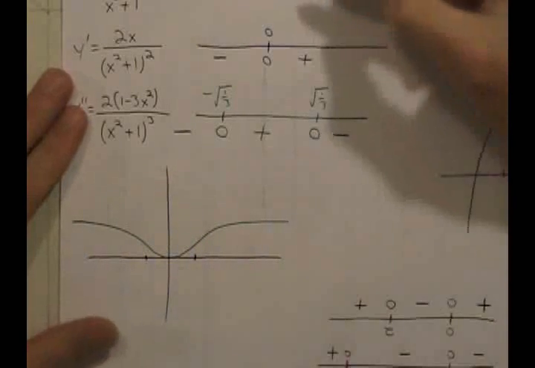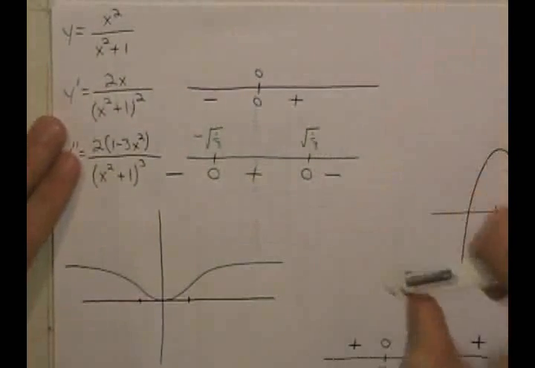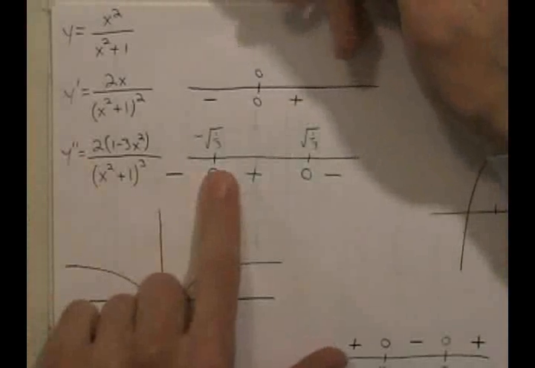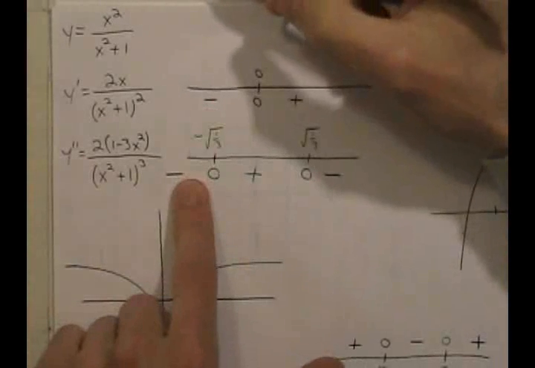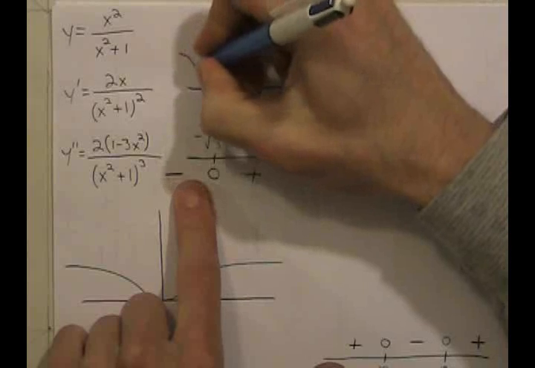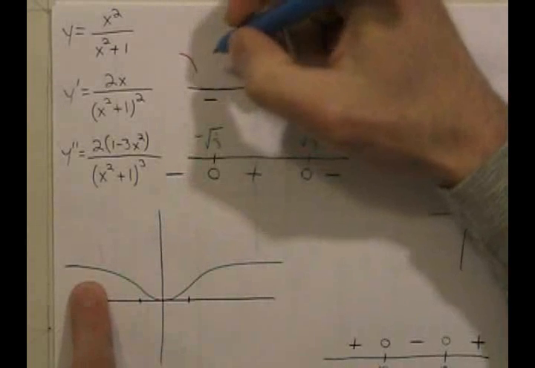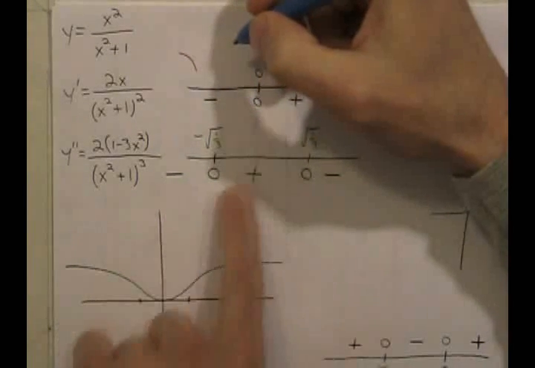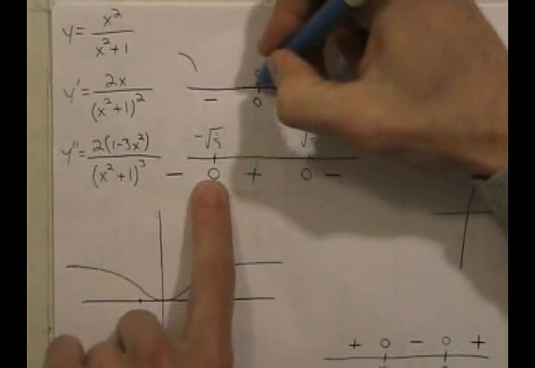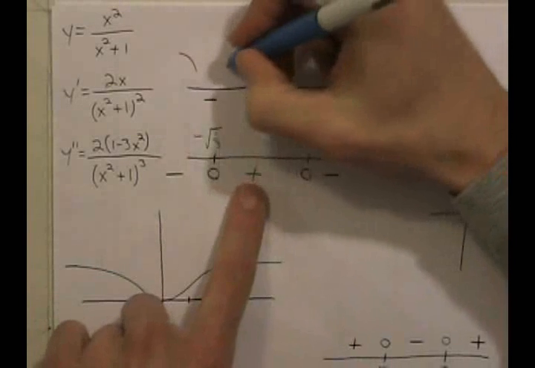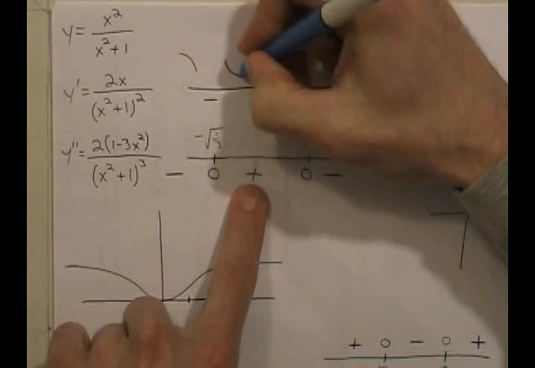If I go to map this out, right, up until this point here, it's decreasing concave down. So that's that shape, which matches up with this. Between these 2 points here, it's still decreasing but concave up. That's this shape again.